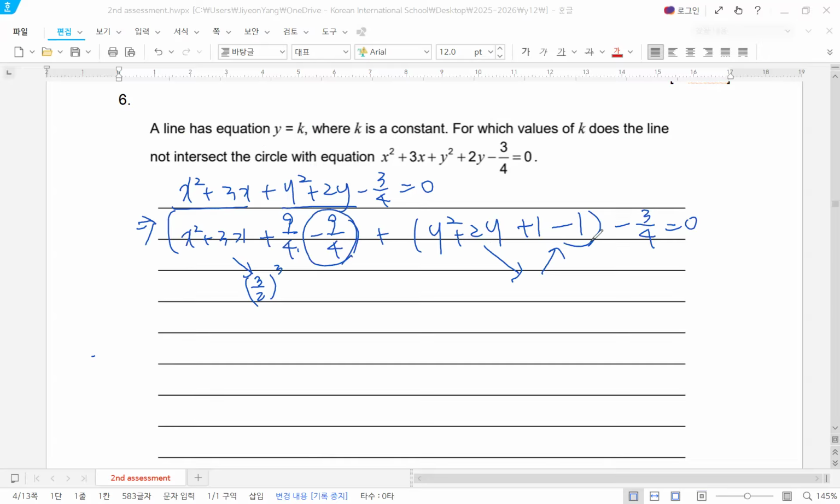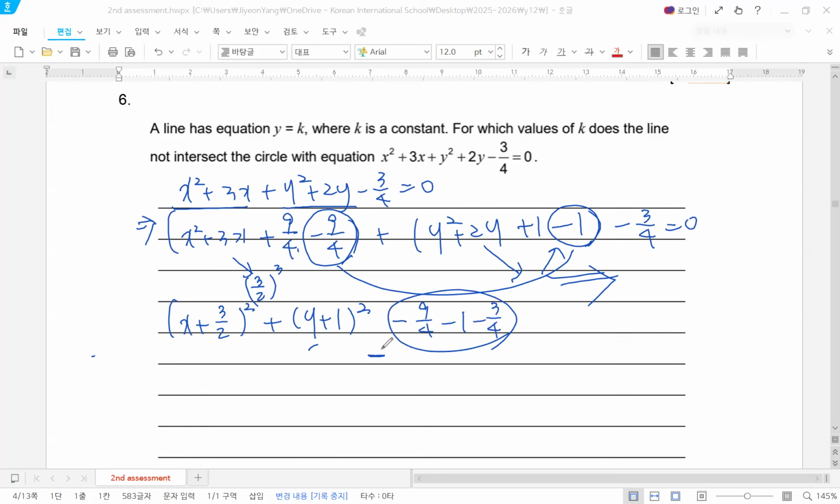Move these redundant values outside. Then x plus 3 over 2 squared plus y plus 1 squared is minus 9 over 4, minus 1, minus 3 over 4, which is minus 4. Do you understand? Therefore, x plus 3 over 2 squared plus y plus 1 squared equals 4, which means 2 squared.